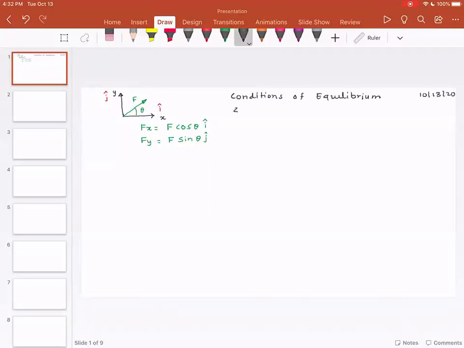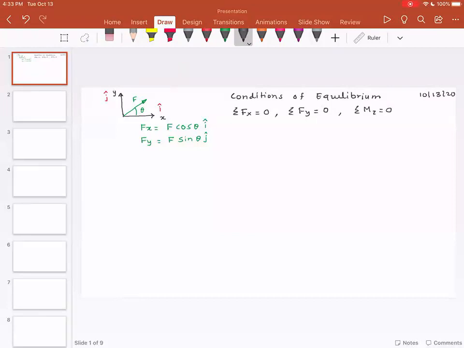So summation of forces in the x direction is equal to 0. Summation of forces in y direction is equal to 0. Summation of moment about z is equal to 0 for the planar case.